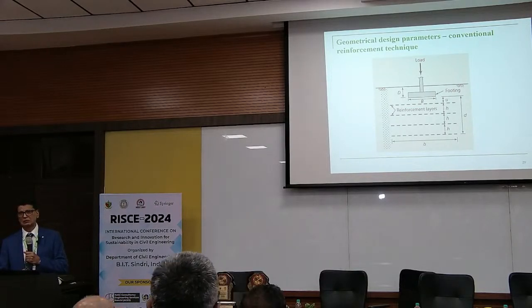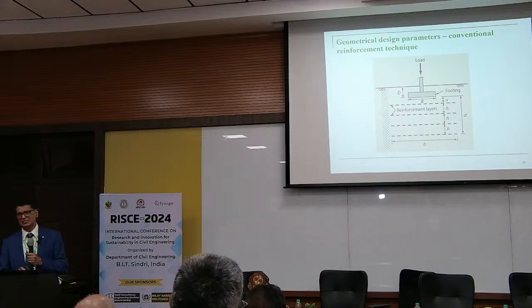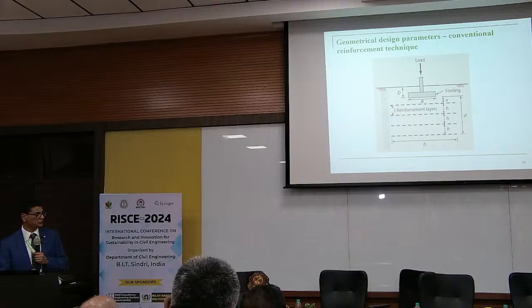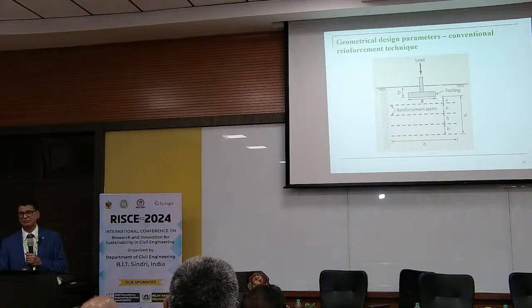So we need to understand that it is a site-specific selection, and ideally we should consider these parameters as an initial design. These days we even have numerical software to estimate our load bearing capacity and settlement, and then we can go ahead.